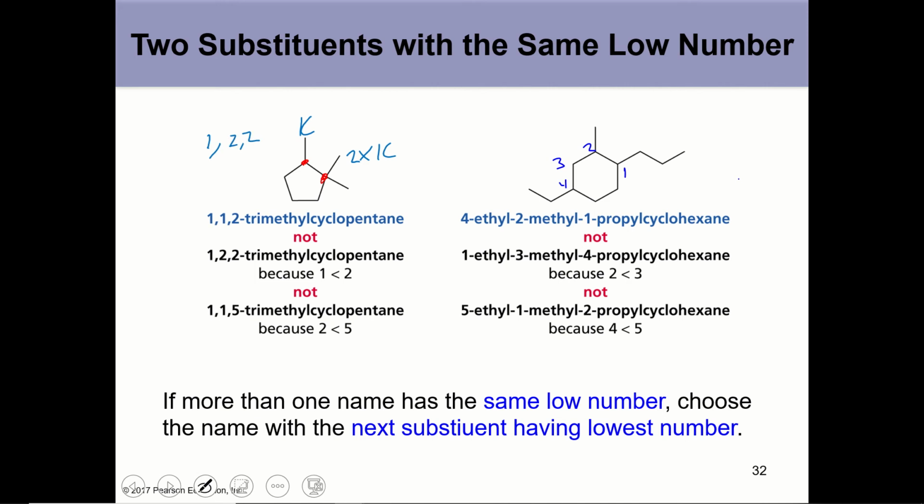If I start at the carbon that has 2 carbons, 2 1-carbon groups, then I have 1, 1, 2. 1, 1, 2 gives us the lowest overall number. It adds to 4. The other numbering option adds to 5. And 4 is less than 5, so I am confident that 1, 1, 2 is the correct numbering option.